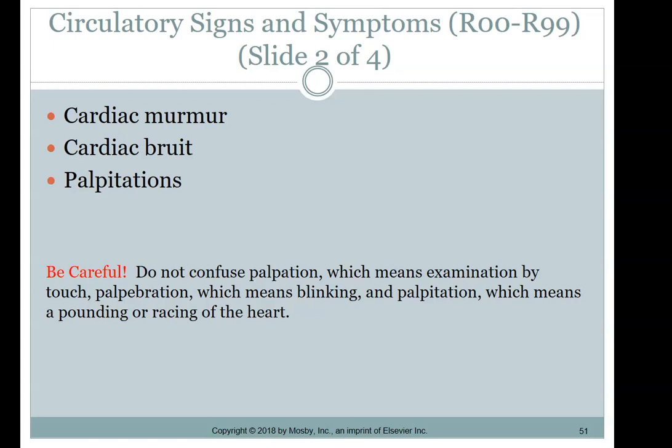It usually sounds like a blowing or swishing sound. Palpitations is pounding or racing of the heart such that the patient is aware of his or her own heartbeat. And don't get confused with palpation and palpitation. Palpation is examined by touch, and palpitation is a pounding or racing heart.